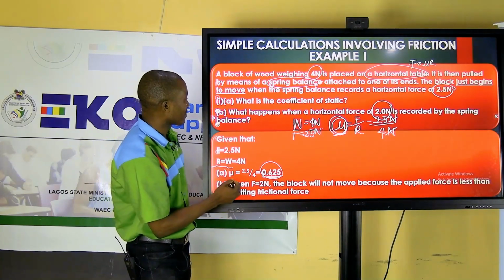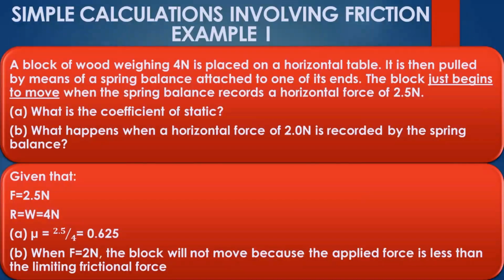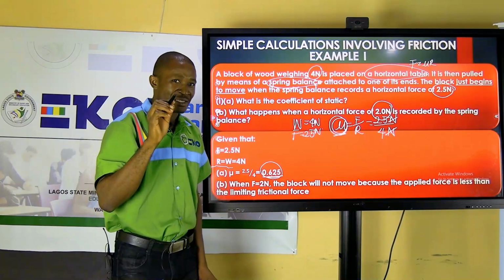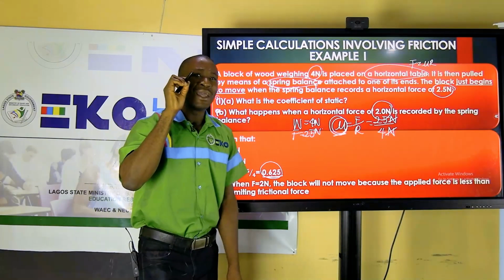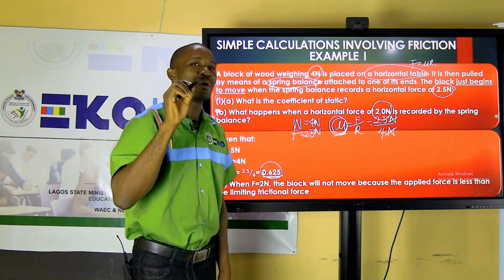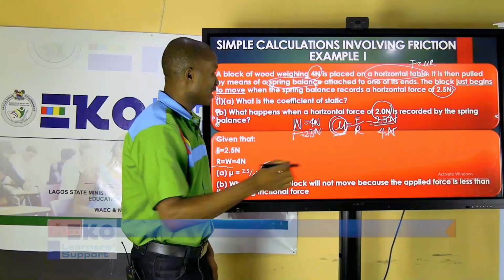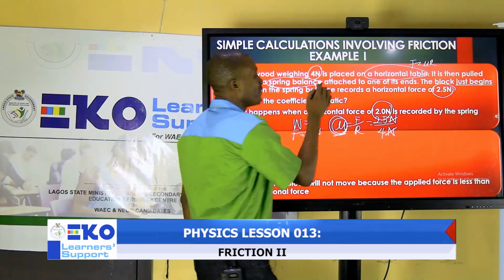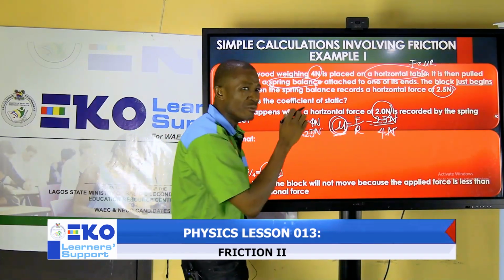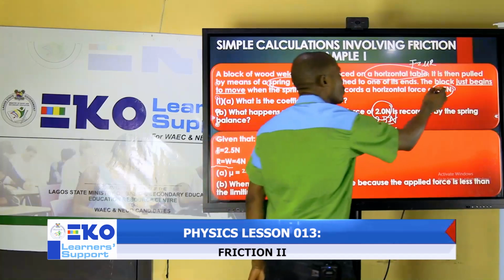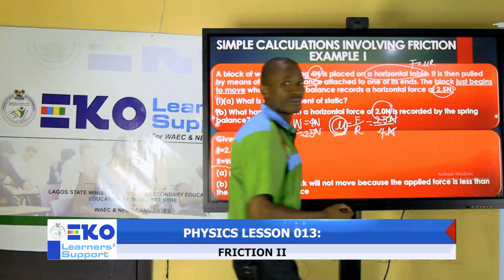The second part asks, what happened when a horizontal force of 2.0 Newton is recorded by the spring balance? Now look at it. Let's look at the question again. For this block to move, it requires 2.5 Newton.